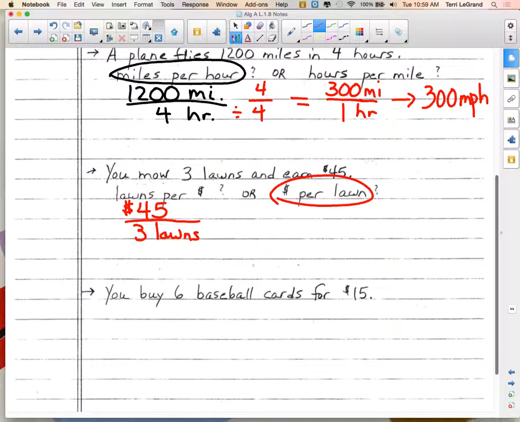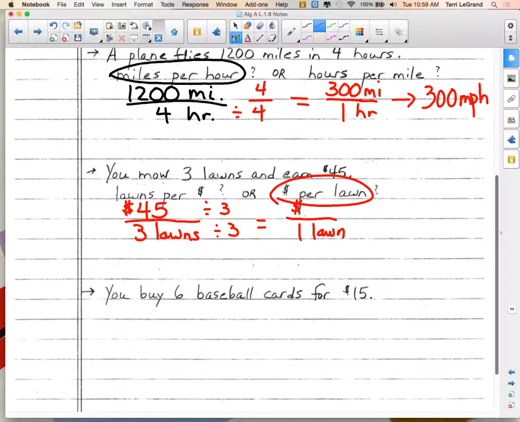Well, we got a 3 downstairs and we want it to become a 1, so we have to divide by 3. If we divide the downstairs by 3, we have to divide the upstairs by 3. So we do have our 1 lawn downstairs now. 45 divided by 3, 15, and that's 15 what?